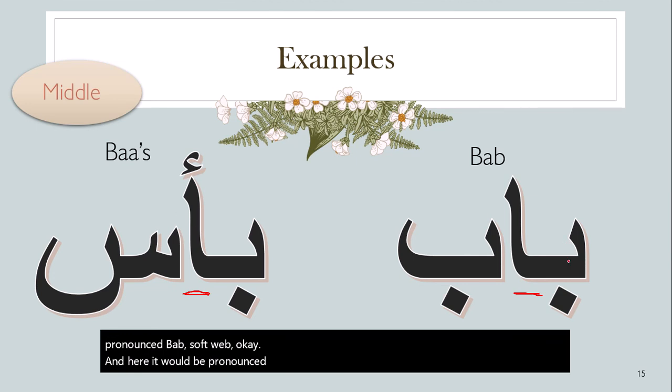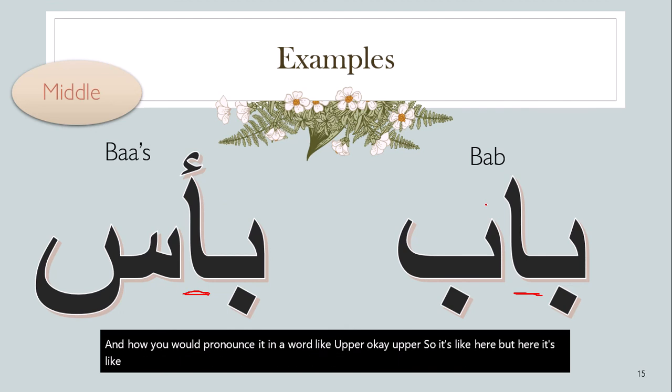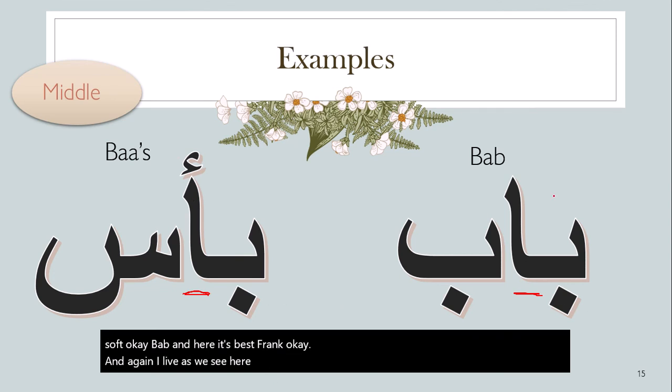It's like how you pronounce the letter A in a word like bar, and how you would pronounce it in a word like upper. Here it's soft, bab, and here it's bas, like frank. And again, Alif, whether it's with hamza or without hamza, is only connected to the letter before and never connected to the letter after.